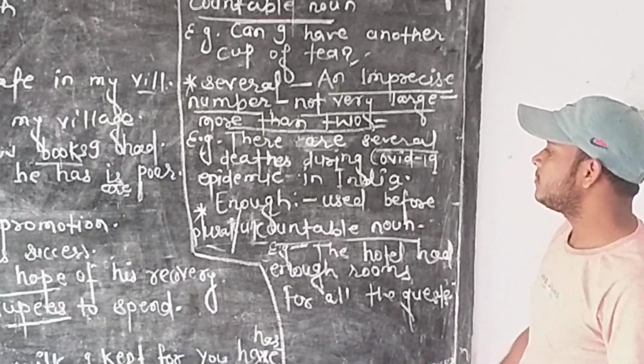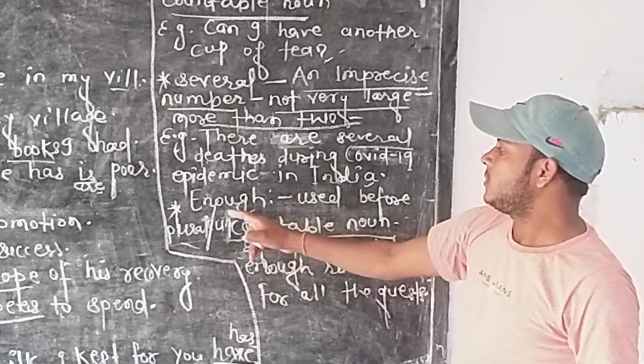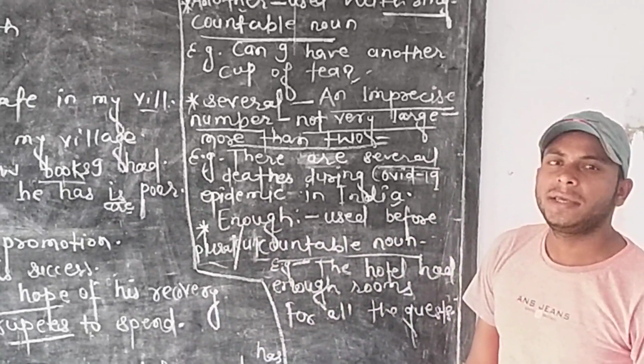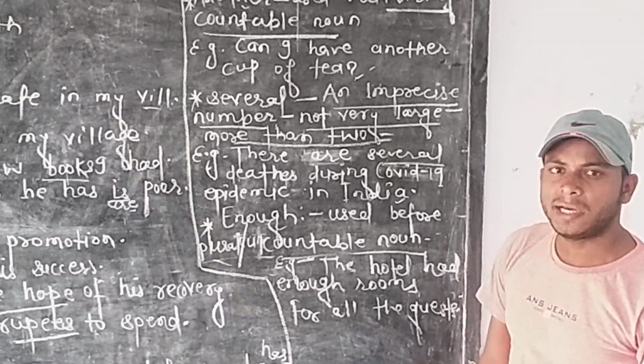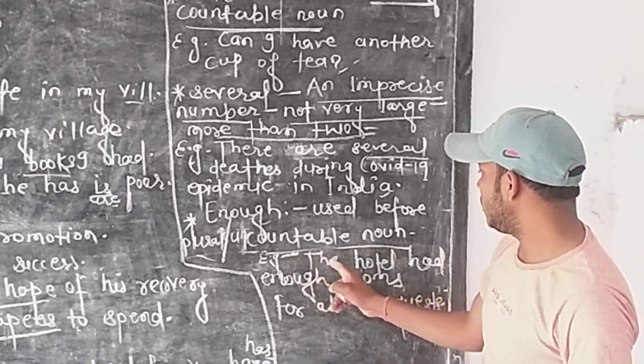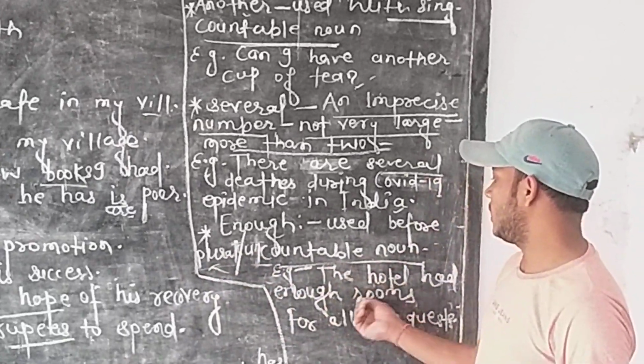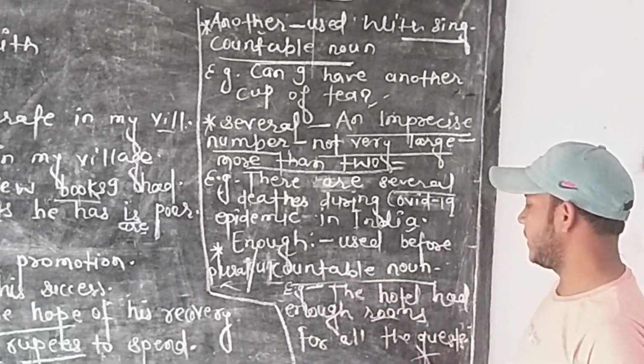Once again, enough is used to denote something is sufficient or as much as needed. So here, the hotel had enough rooms, plural number. The hotel had enough rooms for all the guests.